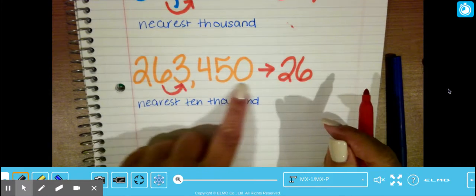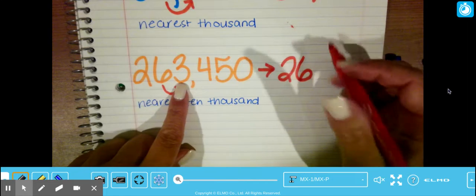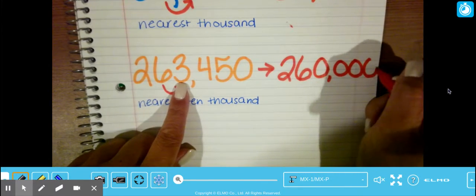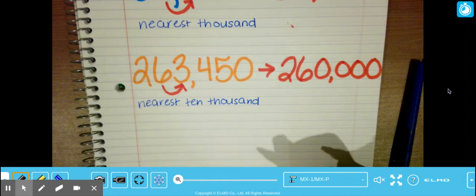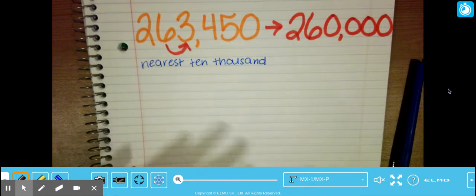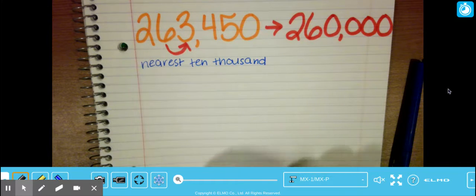And then everything after our target digit turns into a 0. Rounding this number to 260,000. I think I have room for one more example problem.